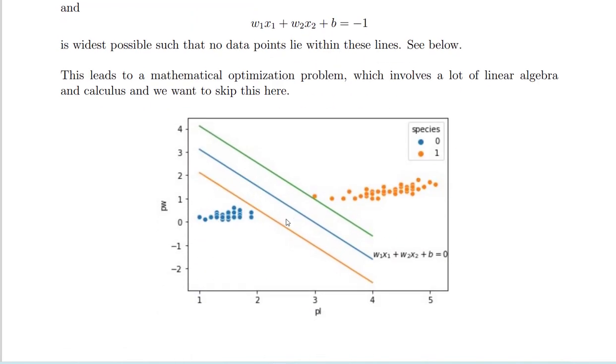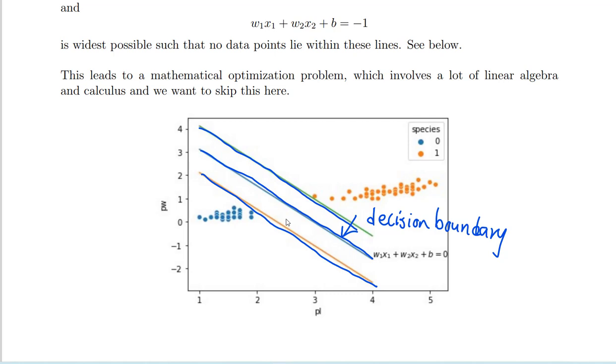The only thing we want to do here is, so there are three lines. The middle one is called the decision boundary. And there are two other lines.